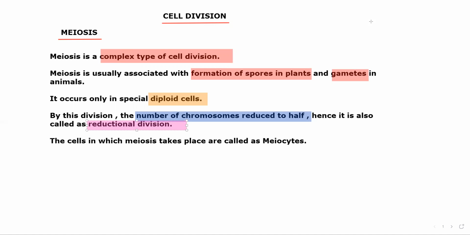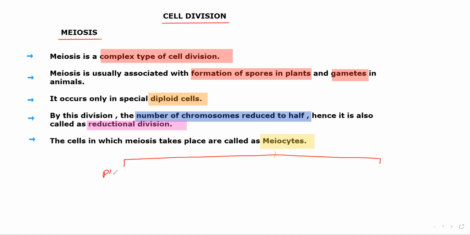The cells in which meiosis takes place are called meiocytes. These are a very important part of meiosis. So in which cells does meiosis take place, and what are meiocytes? Here, meiocytes, if you see in plants, it takes place in germ cells.